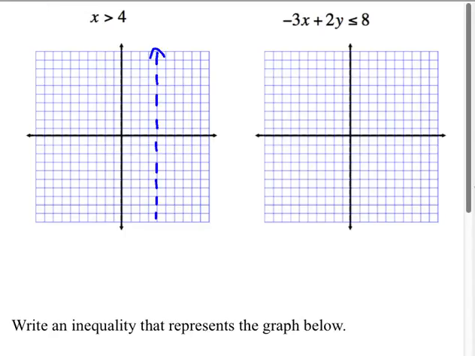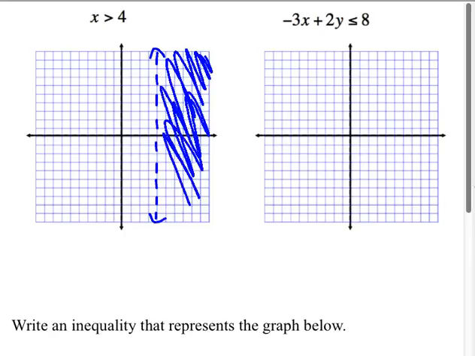So a dashed vertical line at 4. Now, where is greater than it? Well, greater than would be when x could be 5 or 6 or 7. So that's represented in this region over here. Here are where all the x values greater than 4 are. And then that would be it. So again, remember your special case situations in order to graph those.